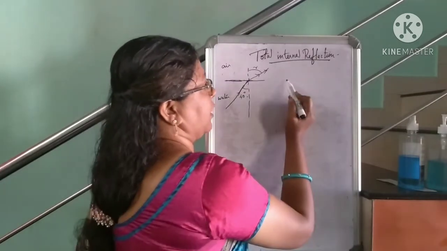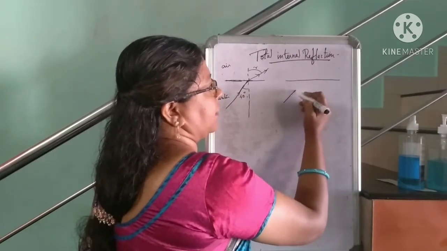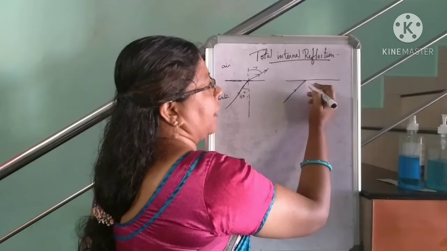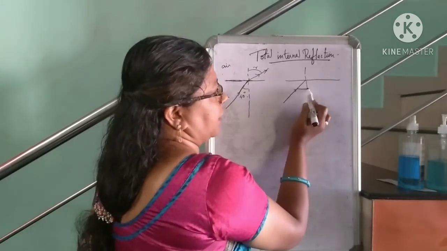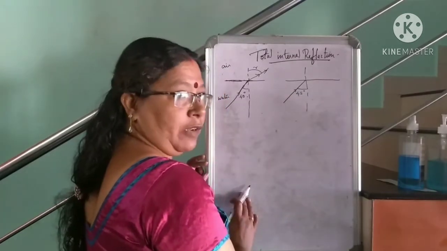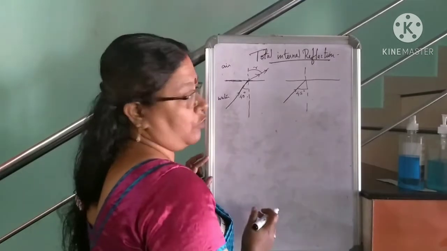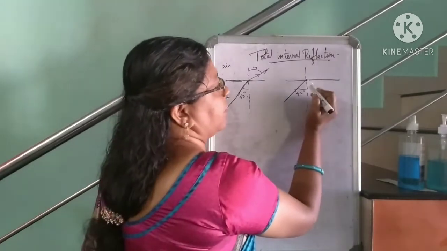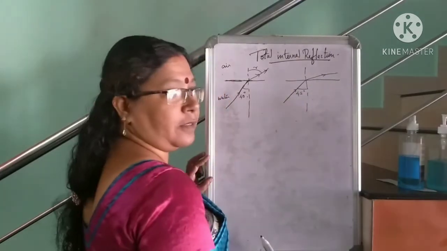Now suppose the next case, a ray of light is falling at an angle greater than 40 degrees. Let the angle of incidence be 45 degrees. Then as the angle of incidence increases, the angle of refraction also increases. The ray of light will bend again like this.